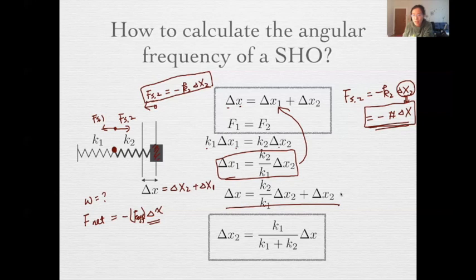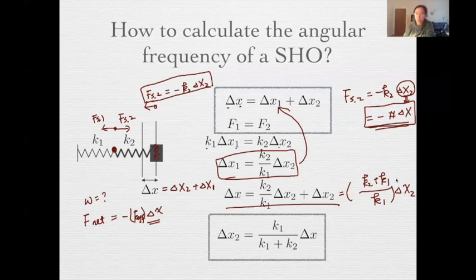Okay. And now I'm gonna sort it out. So I get K2 plus K1 over K1 times, so I'm gonna factor out the delta X2 and then divide this on both sides. So if I do that, I will get delta X2 to be this guy times this guy.